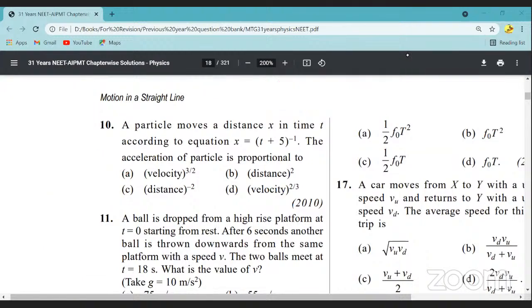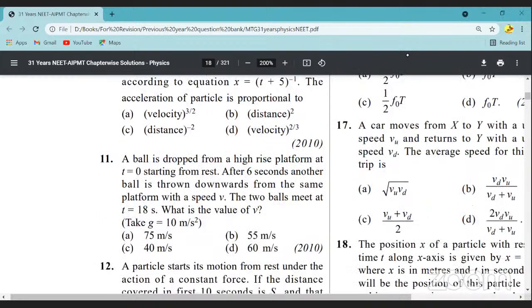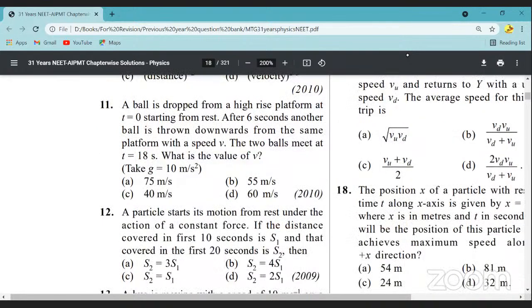Question number 11. Abhijit, sir, option A. Option A. Sir, option A. Okay, fine, let's solve.